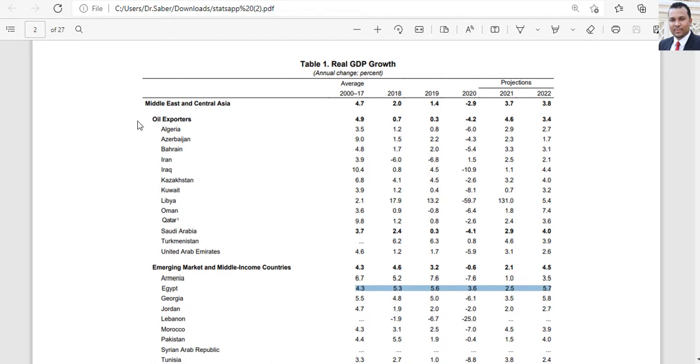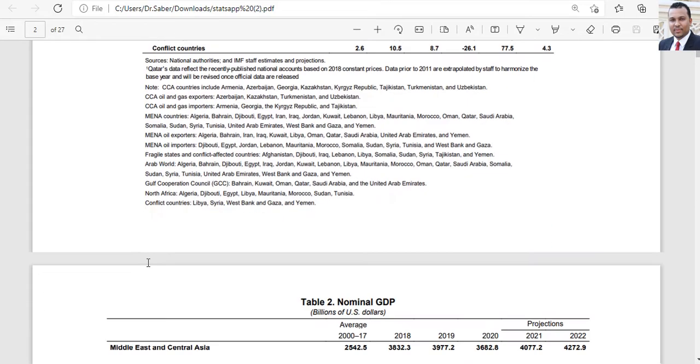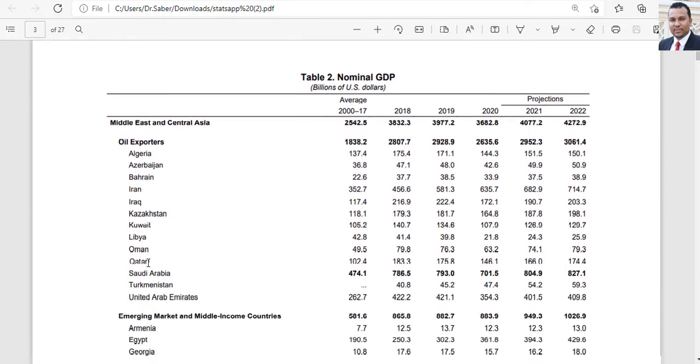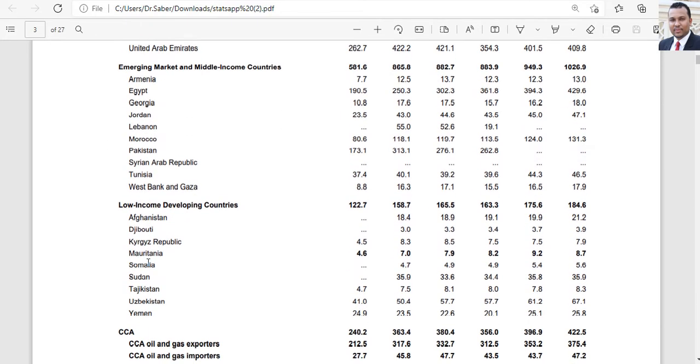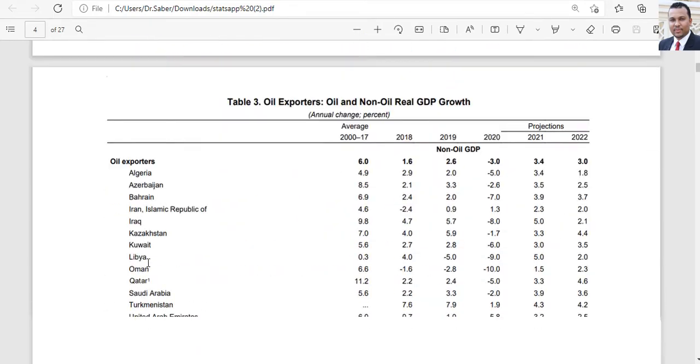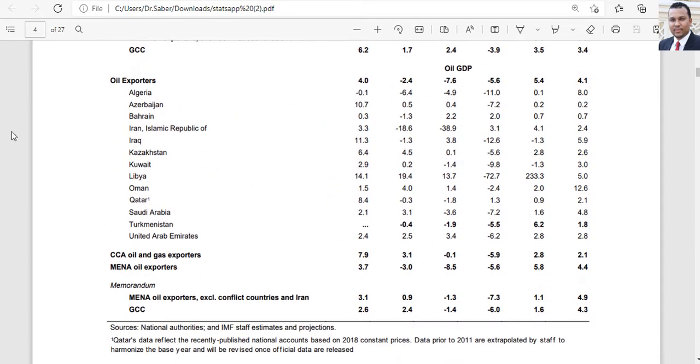So we will select each variable and we will compare between the performance for Egypt and the emerging market and middle income countries. For real GDP, for inflation, for nominal GDP. So we will focus on the comparison between the Egyptian economy and the regional level.